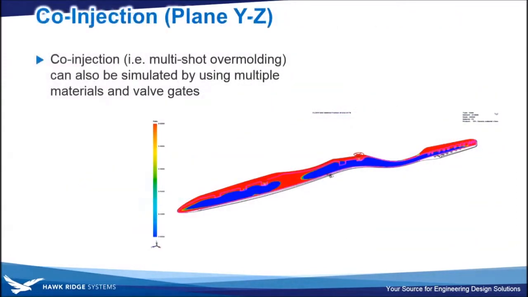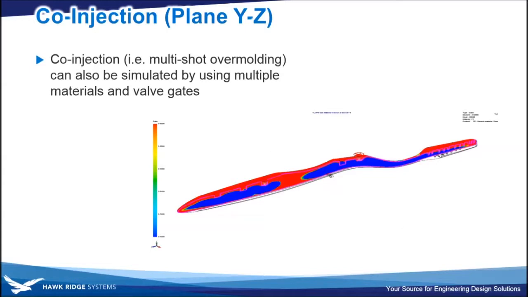We can even simulate what's called co-injection, which is a different type of overmolding, where there is no insert, and instead you have two different molten materials that get injected into the mold at two different times, and those are done with what you call a valve gate, which opens and closes at different times. So you can specify more than one of those materials that you saw in the database, maybe an ABS plastic for the center and something cheaper or with a better surface finish.